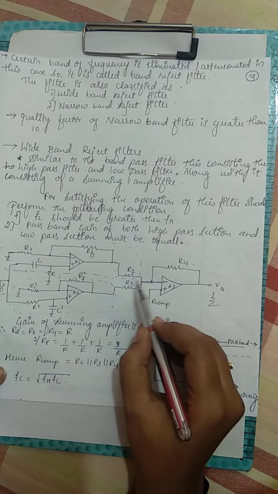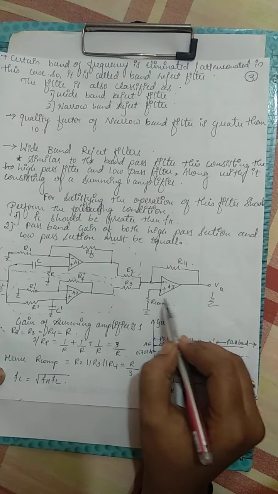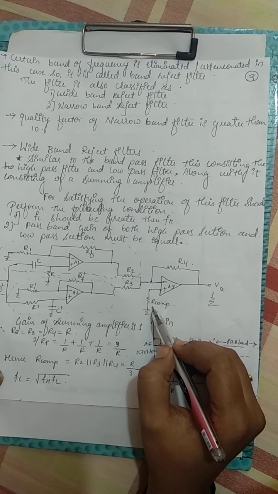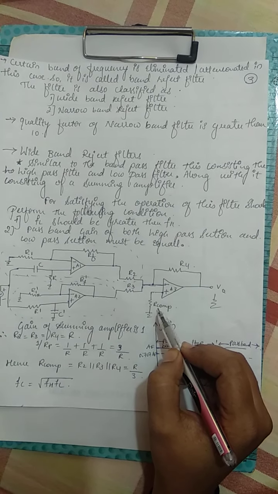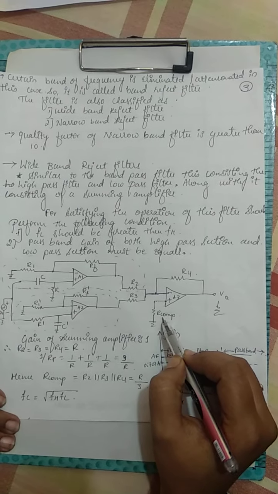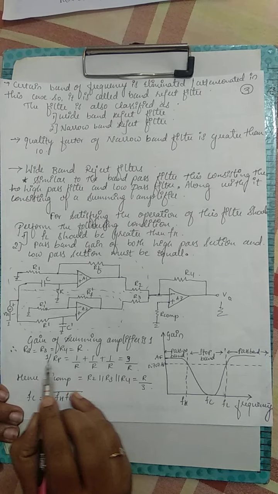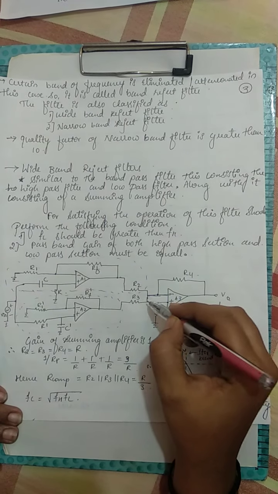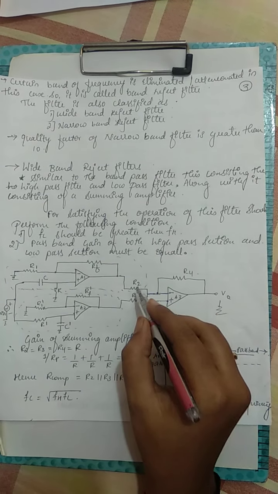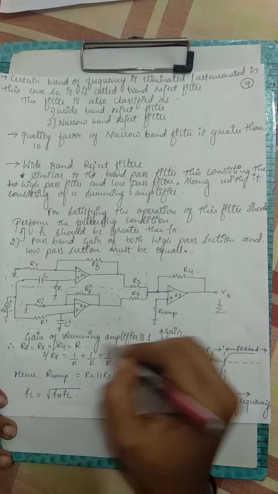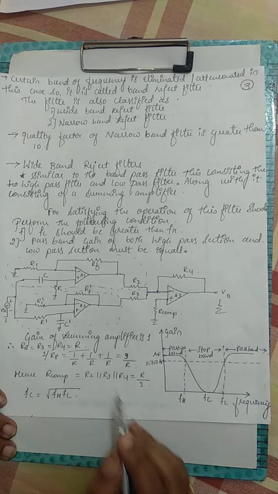This is the feedback resistance for the summing amplifier, and this is the R, the complementary resistance, that is R-com. As the gain is 1, the input resistances and the feedback resistance, that is R2, R3 and R4, are equal to R.